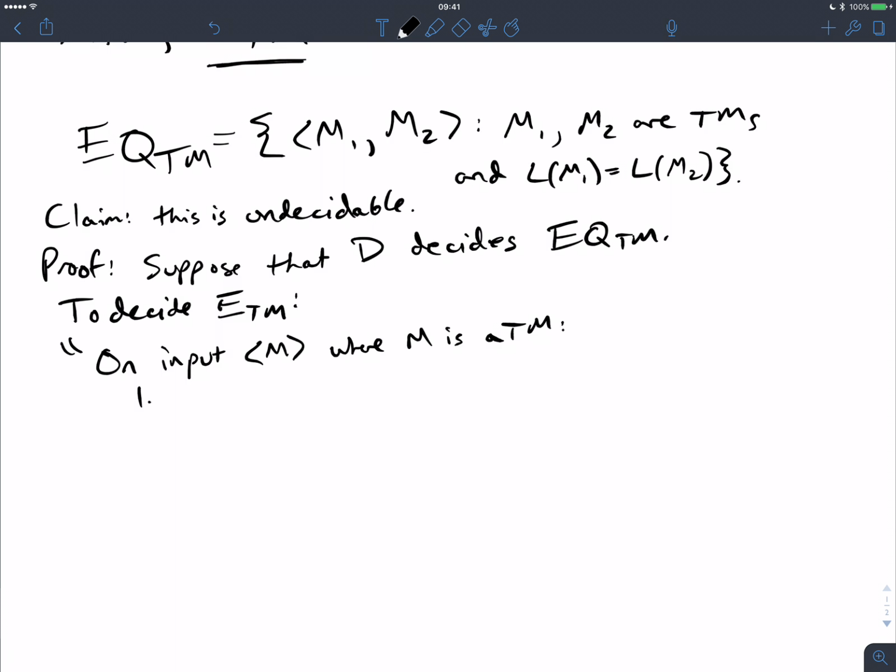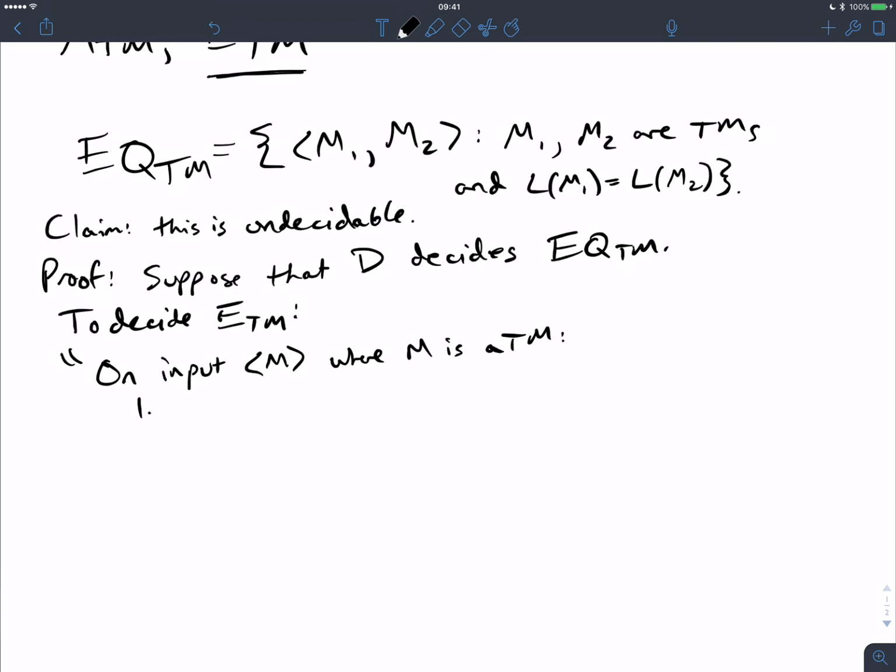So I need to be able to use this supposed decider for Eq TM some way to figure out whether M has empty language or not. That's my goal. Well, what if I fed M into the decider D? Would that tell me anything about whether M has empty language or not?